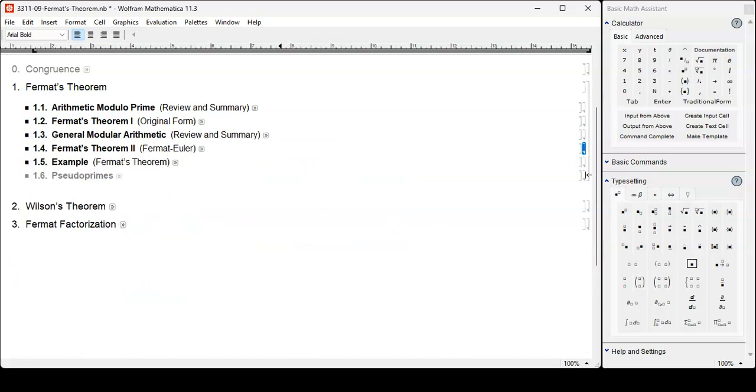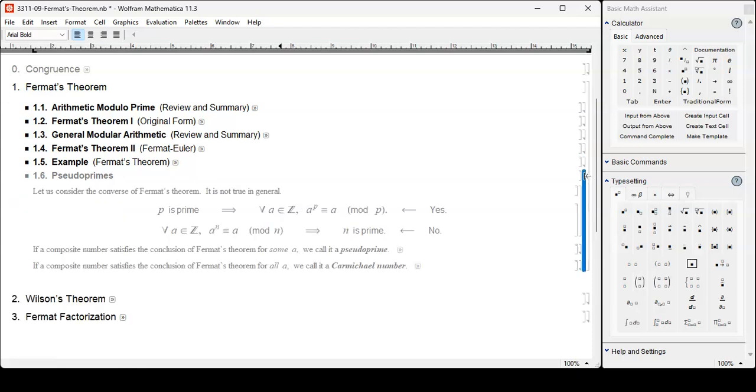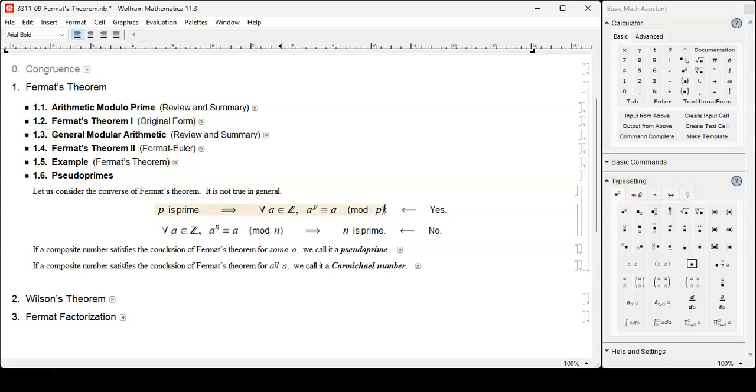And we have a little bit of time left, so let's talk a little bit about pseudoprimes. Optional topic. What do you mean by pseudoprime? Well, if p is prime, then a to the p power is congruent to a mod p. Yeah, that's true. But the converse is not true in general. If a to the nth power is congruent to a mod n, is n prime?